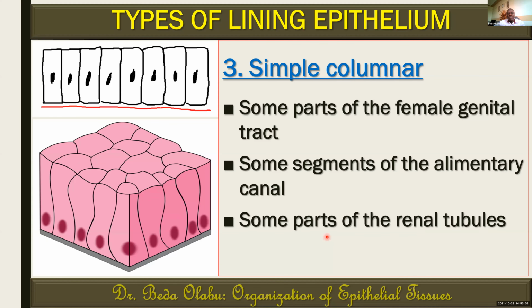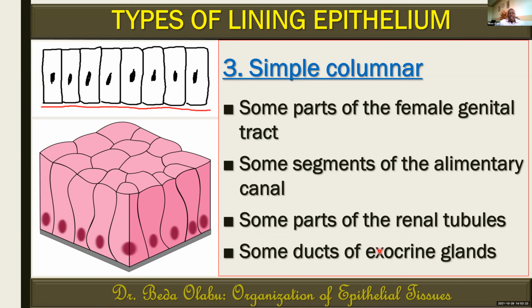The straight tubules, whether as thick ascending limb or thin ascending limb of the nephron, are lined by simple cuboidal or columnar. The distal portions of the collecting ducts are also lined by simple columnar epithelium. And some ducts of exocrine glands, especially the larger ducts now, are also lined by simple columnar epithelium.